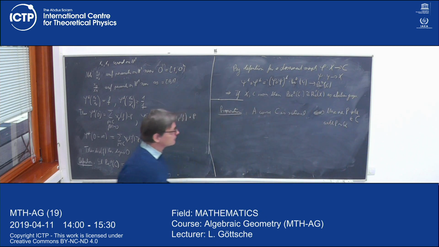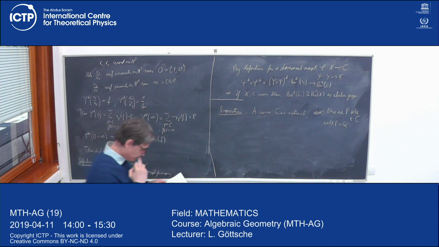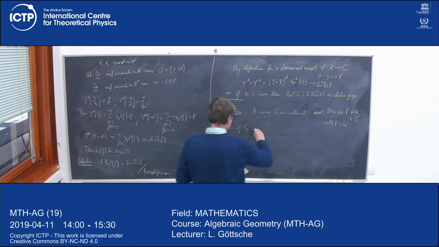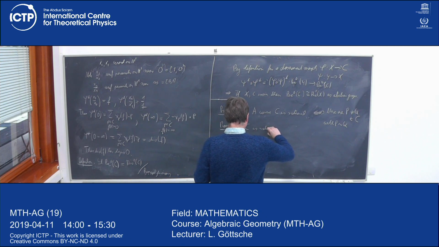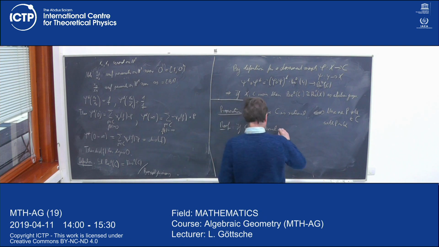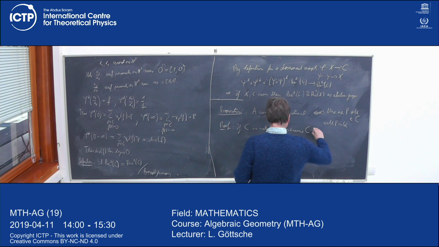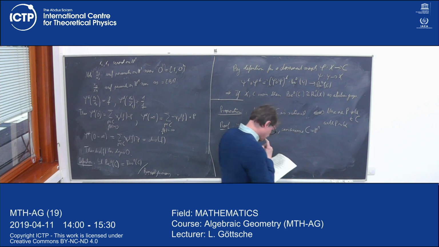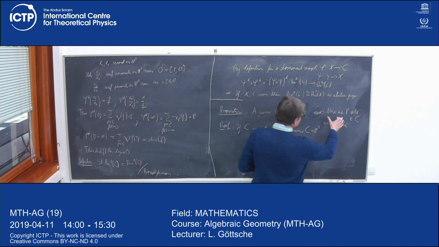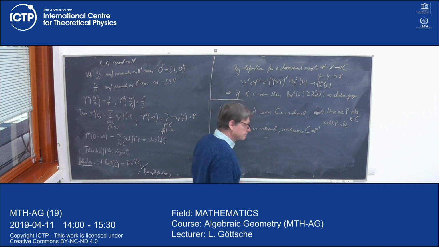Okay, so let's prove it. If C is rational, then it's isomorphic to P1, so we can assume that C is equal to P1. In this case we can take any 2 points.